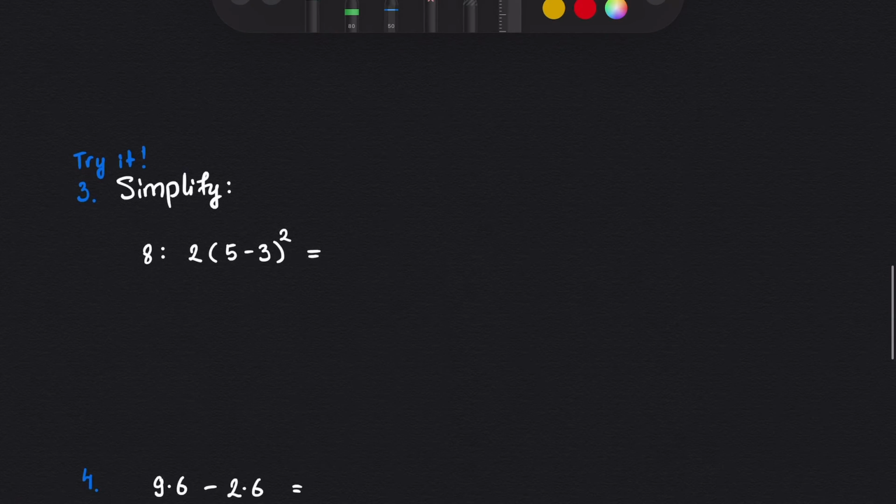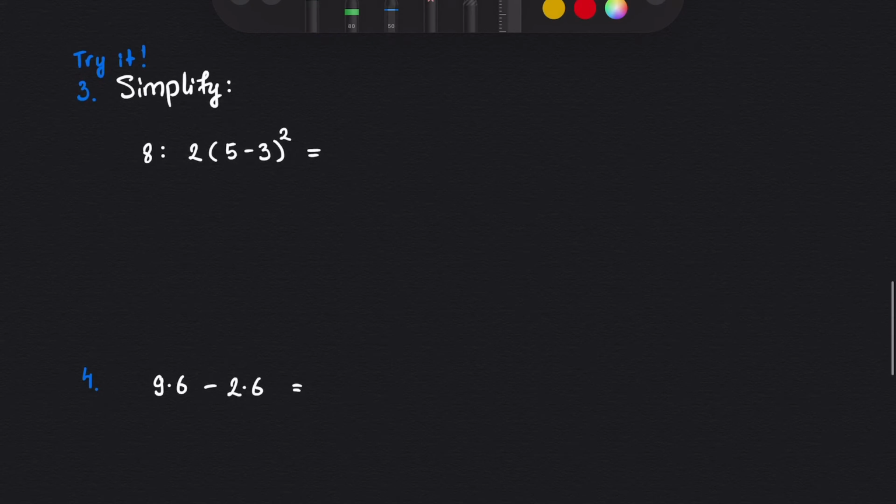Example number 3. 8 divided by 2 multiplied by (5 minus 3) to the second power. Now try this on your own. Pause the video. Okay? So our first step is going to be what's inside the parentheses, which is 5 minus 3. 5 minus 3 is equal to 2. The next one would be exponents.